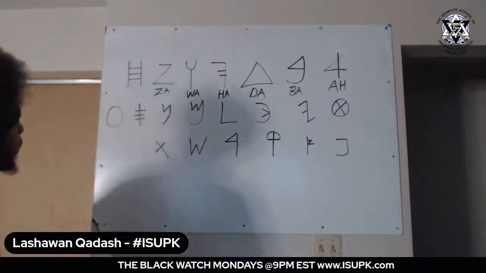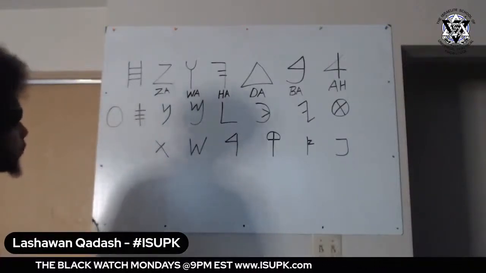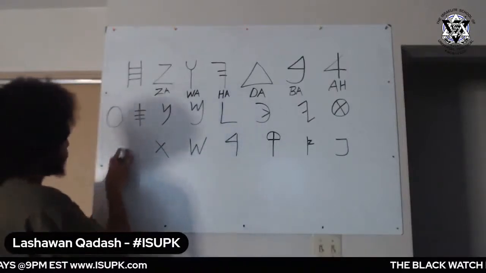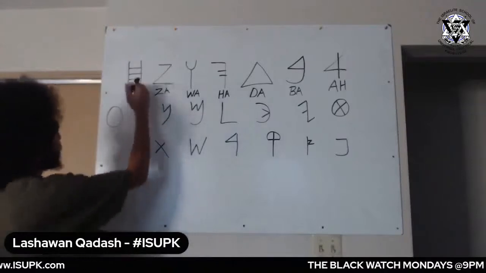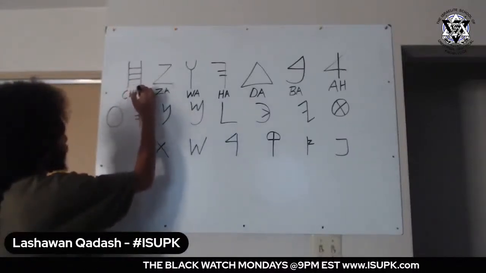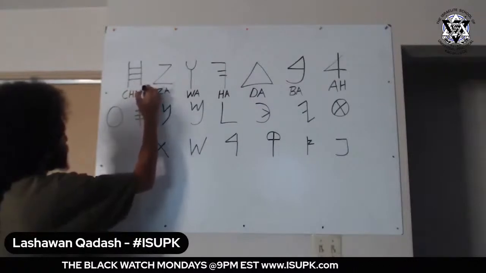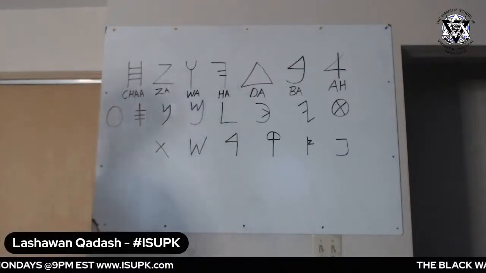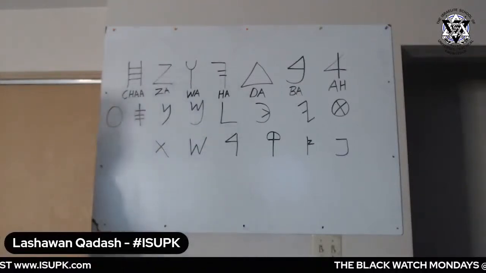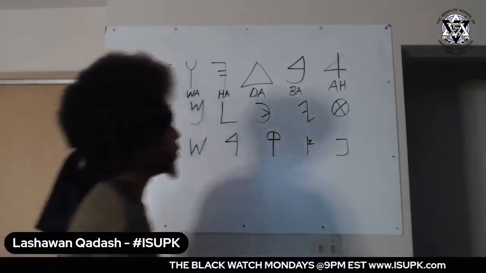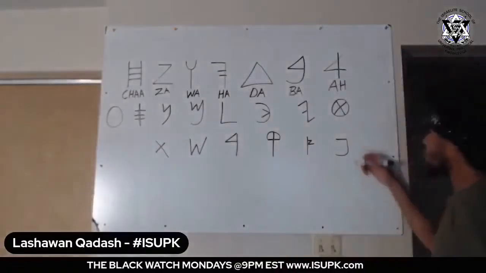Now you have k, right? K, k, k. So CHAA is ka, ka, ka, like cactus. Next we have this called ta.